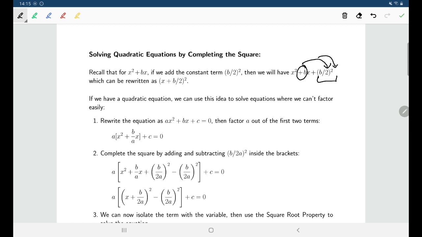That's our process for figuring out what is the amount that needs to be added in order to complete the square. Once we've completed the square, then we know that what we'll have should factor out as x plus half of the coefficient of the x term.